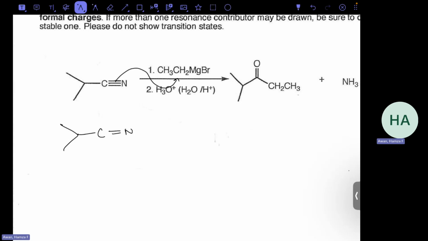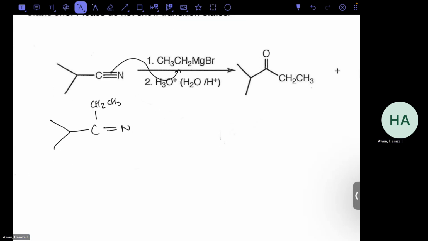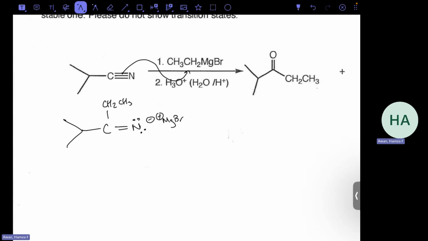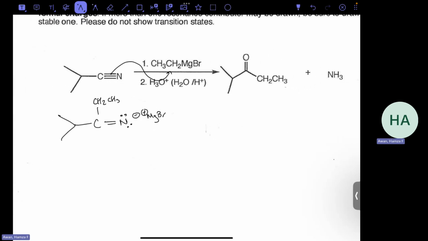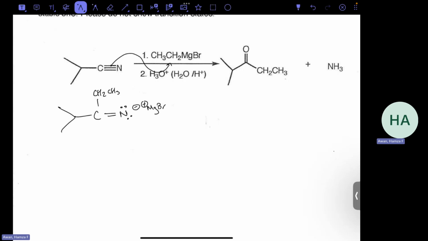Wait, let's focus on this. CH2, CH3, and then this N is going to have two lone pairs, so a minus charge. Then the MgBr is going to be our plus charge, right? So this is what we're going to start off with. Right, so this will go this way.